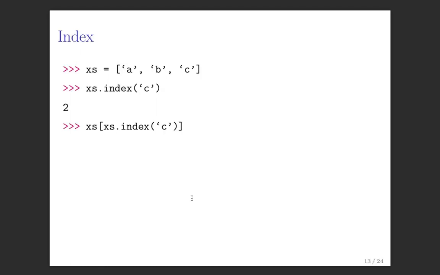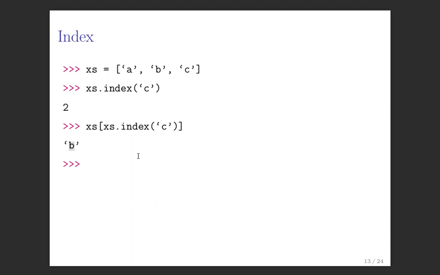Okay, but what happens if I ask for what is at the position of the index of C in x's? C, yeah, whoops. That should be C. I'm not doing very well today.